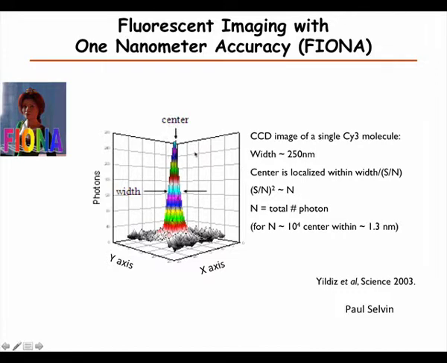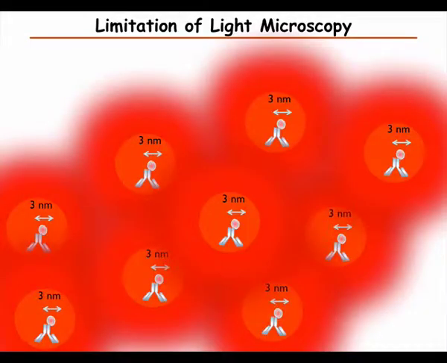This is the idea of super resolution microscopy: instead of looking at the width of the distribution, we replace it with the centroid. Now the problem, of course, is that we don't have isolated objects in cells, but the proteins are close together. If we look at this with light microscopy, we would have just a big smear.